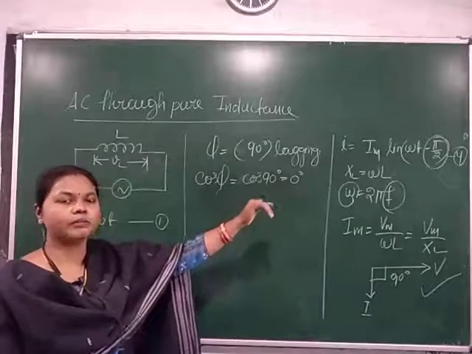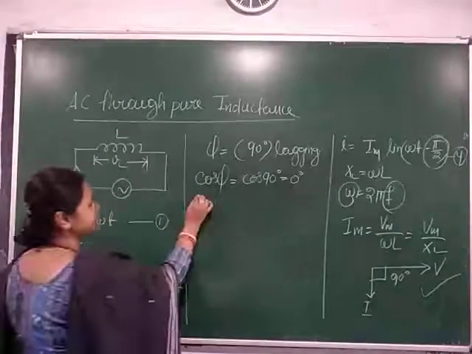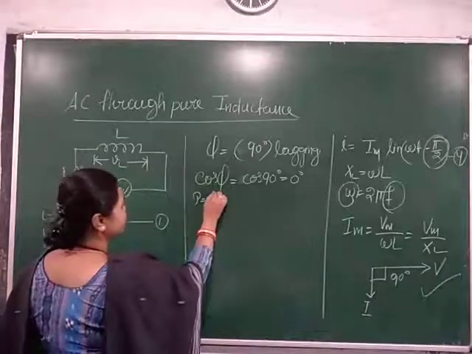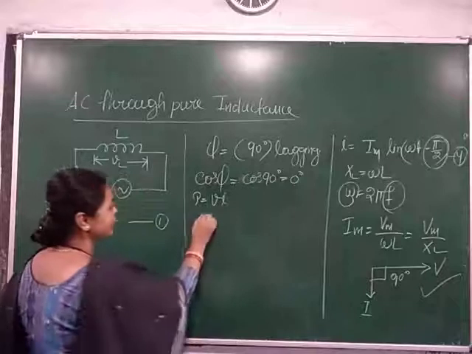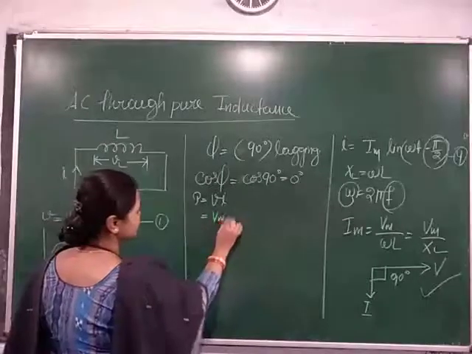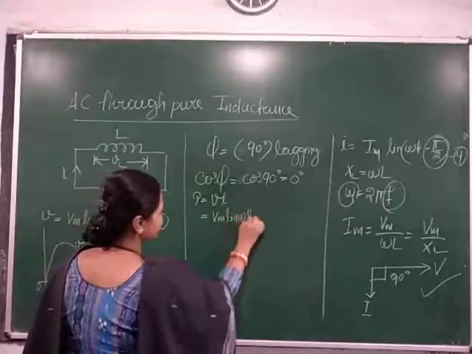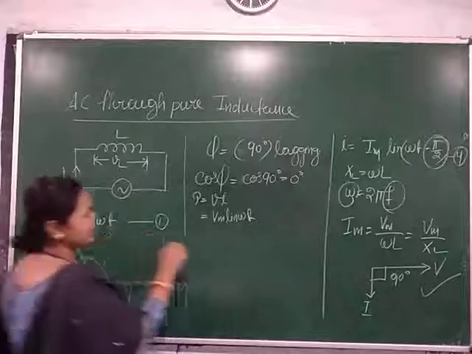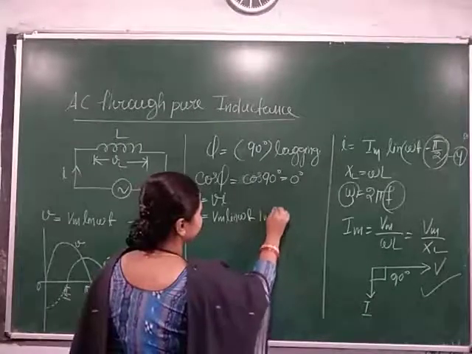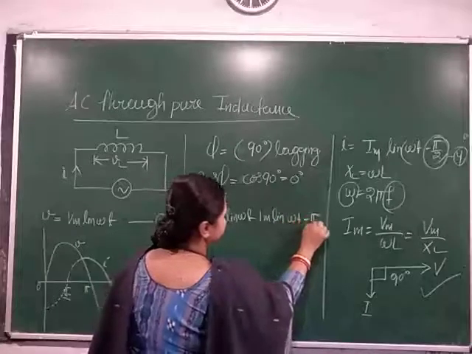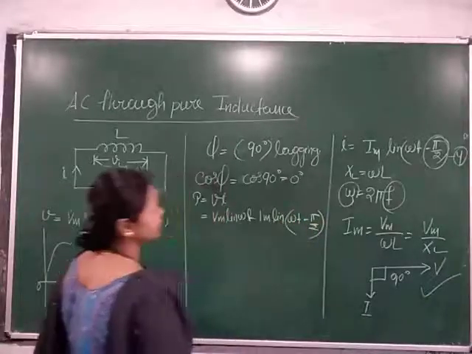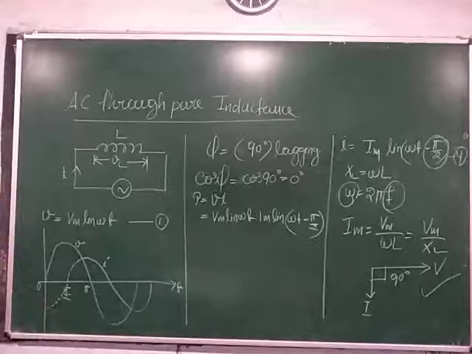Next we see power, instantaneous power. Instantaneous power is the product of the instantaneous value of voltage and current. Voltage is Vm sin omega t. This is from equation number 1. And the current equation is Im sin(omega t minus pi by 2). This is from equation number 4.